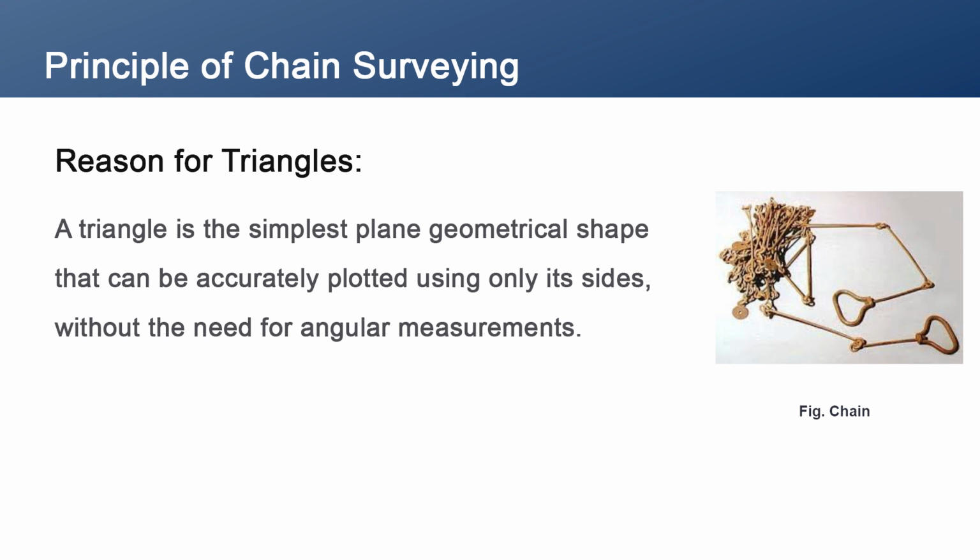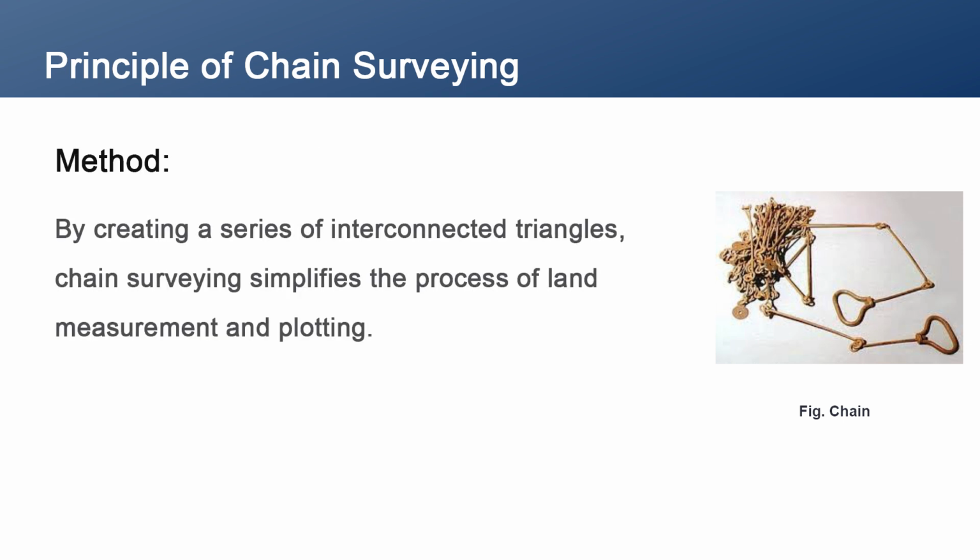Because a triangle is the simplest shape you can work with when it comes to plotting land accurately. If you know the lengths of all three sides of the triangle, you can plot it on a map without needing to worry about angles. This is why chain surveying relies on creating a network of triangles to cover the area.